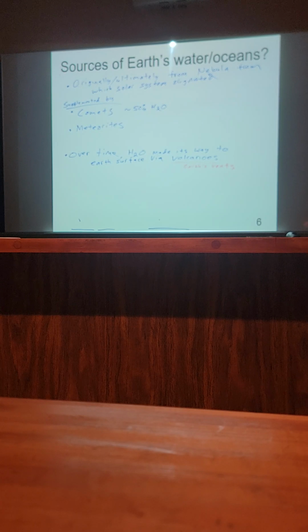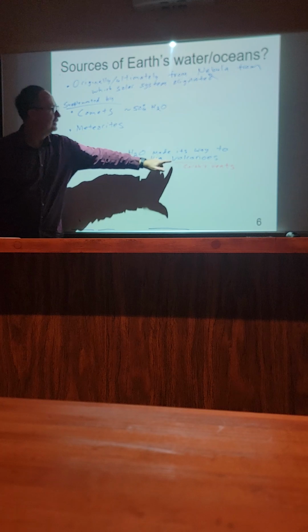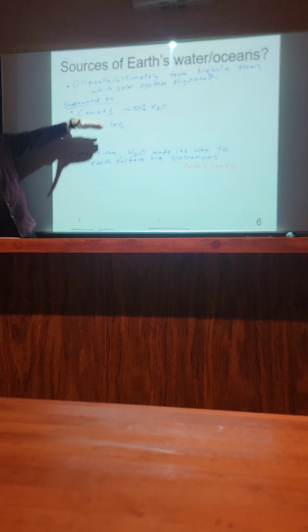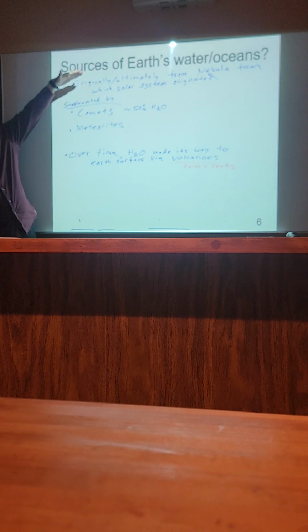So you can imagine early on, during this 4.5 to 4 billion year time period, a big impact is going to vaporize the ocean. And with that vaporized ocean, you're going to have to essentially restart the process of ocean forming. So this is all how water got onto the planet.